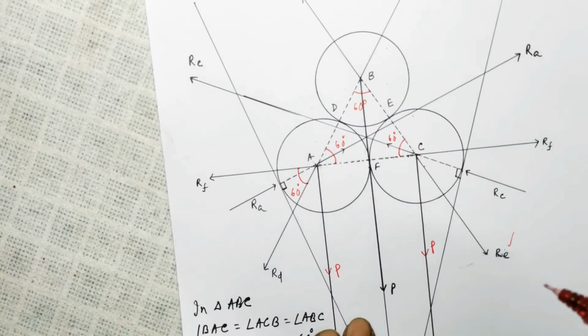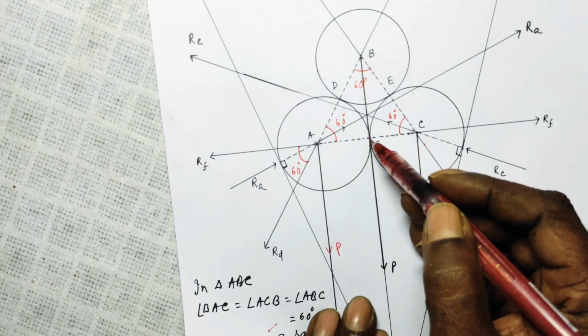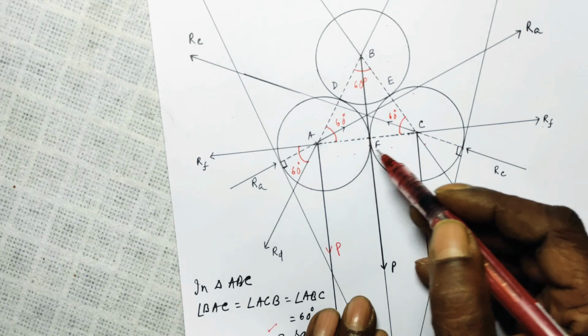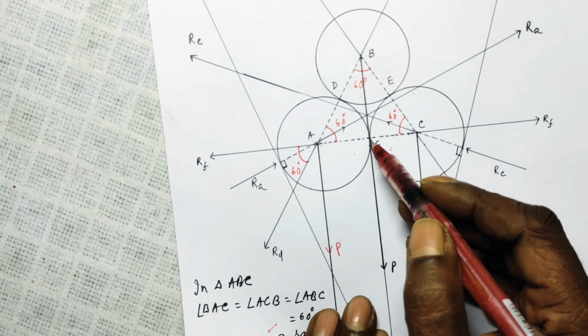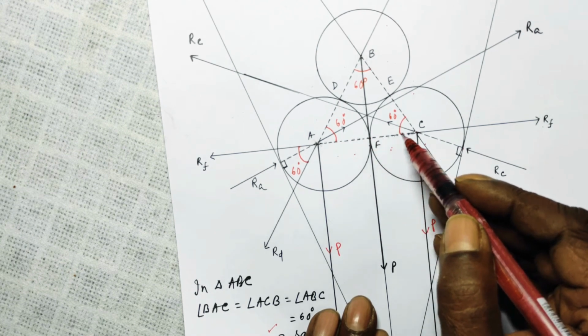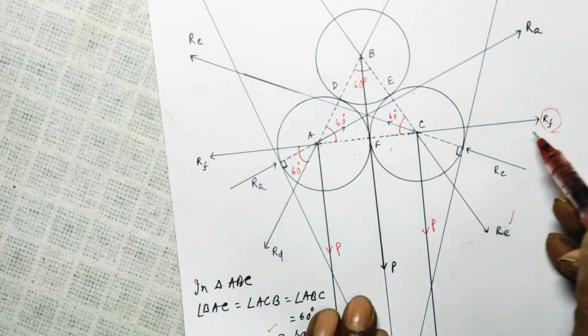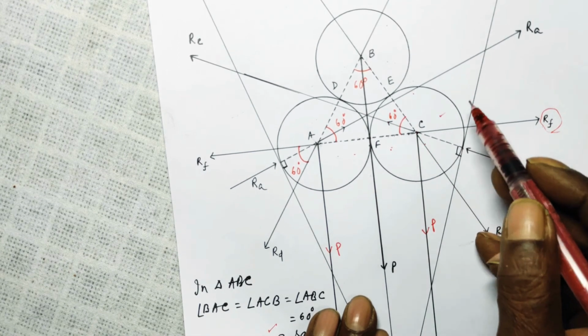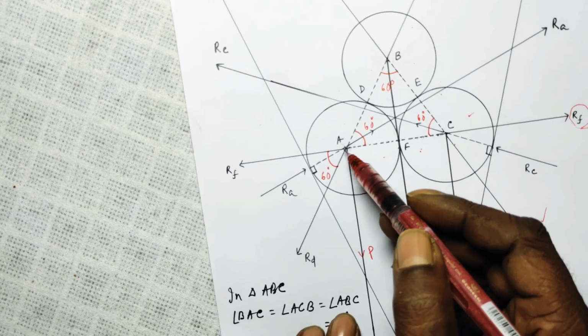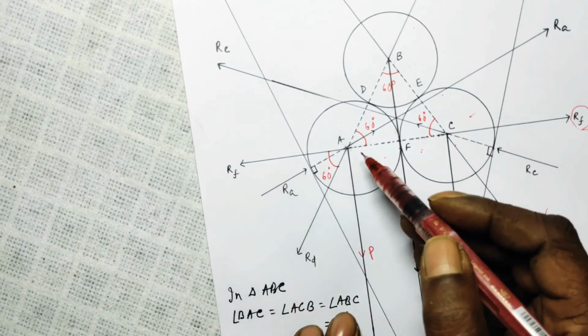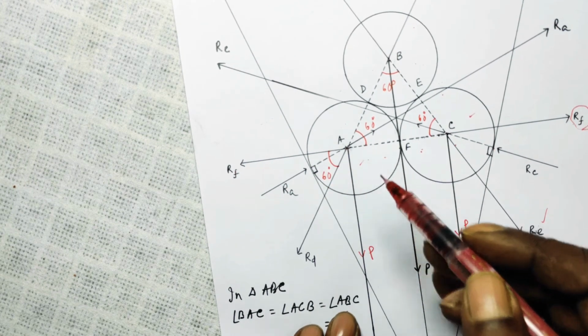Now, then again at the point of contact F between these two cylinders, the action reaction force, here is your RF passing through C for this cylinder, and here is your RF passing through the center A for this cylinder.